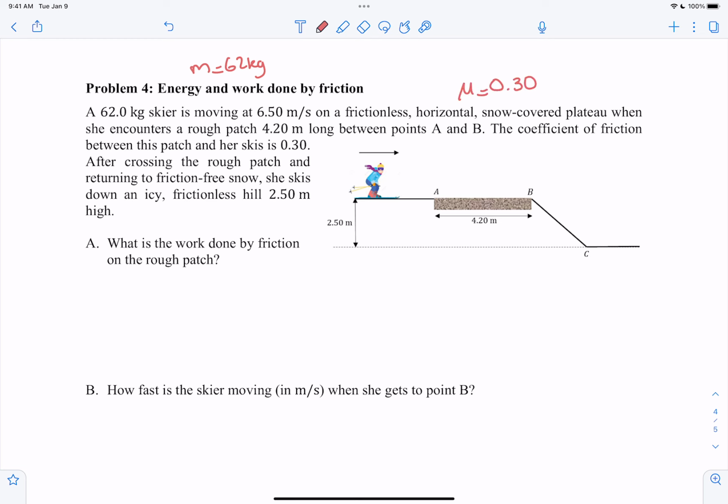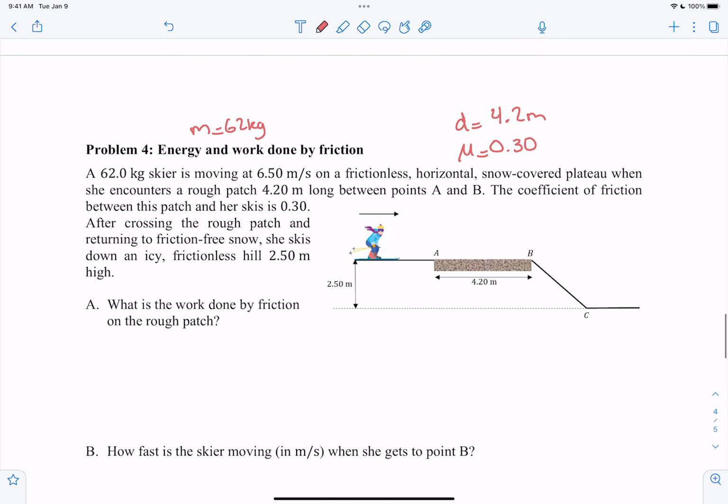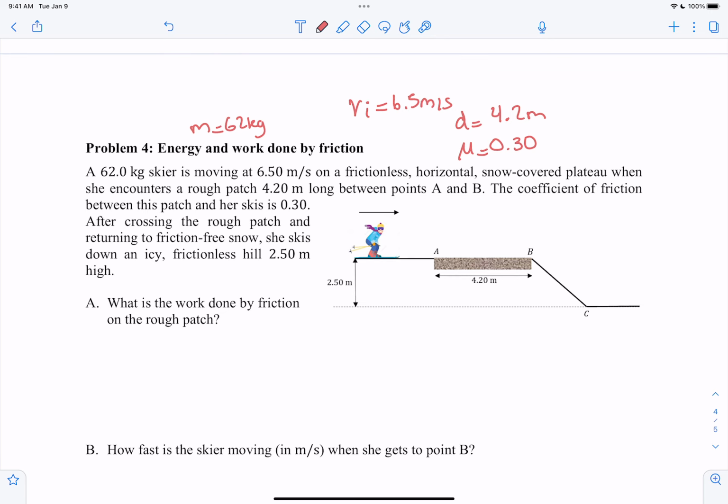The distance for the rough patch is 4.2 meters, by the way. And there's an initial speed of 6.5 meters per second as well. After crossing the rough patch and returning to friction-free snow, she skis down an icy, frictionless hill 2.5 meters high.